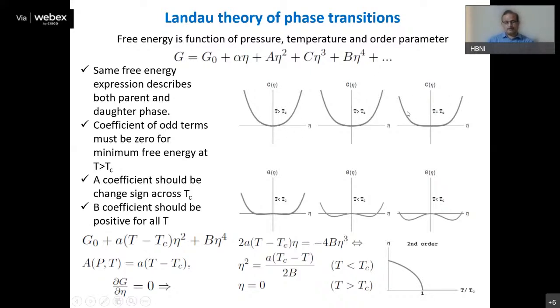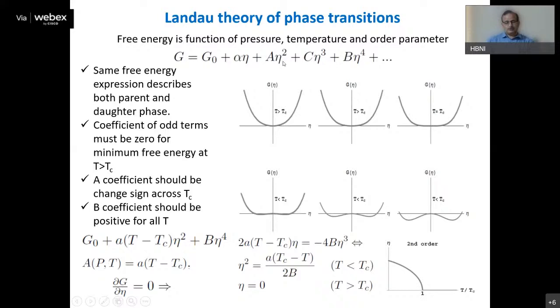For that, we have to tweak these coefficients. Now when you don't have these odd terms, you can express free energy like this. And in order to have stability at order parameter values other than 0, there should be some change in the coefficient which contributes to the square term.